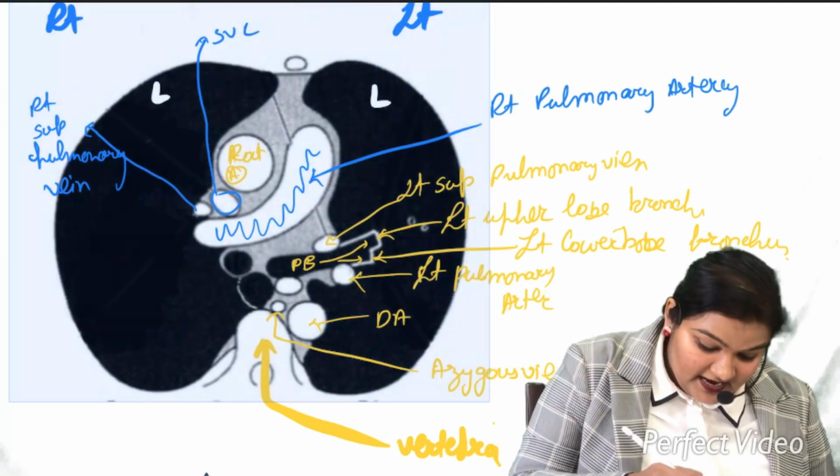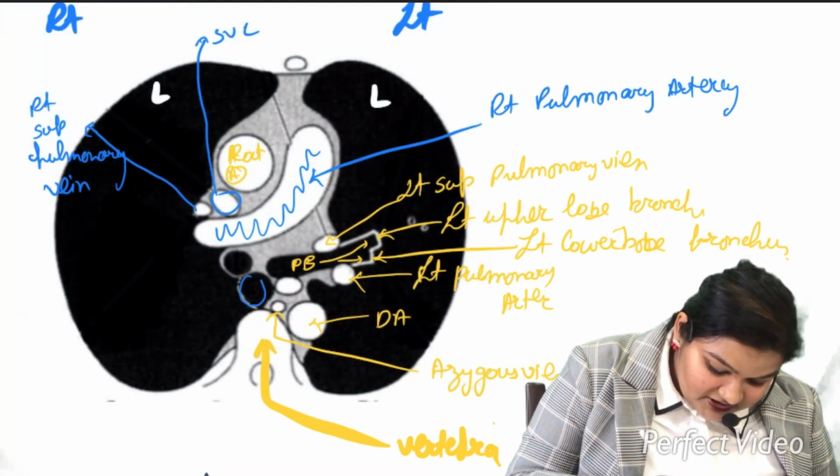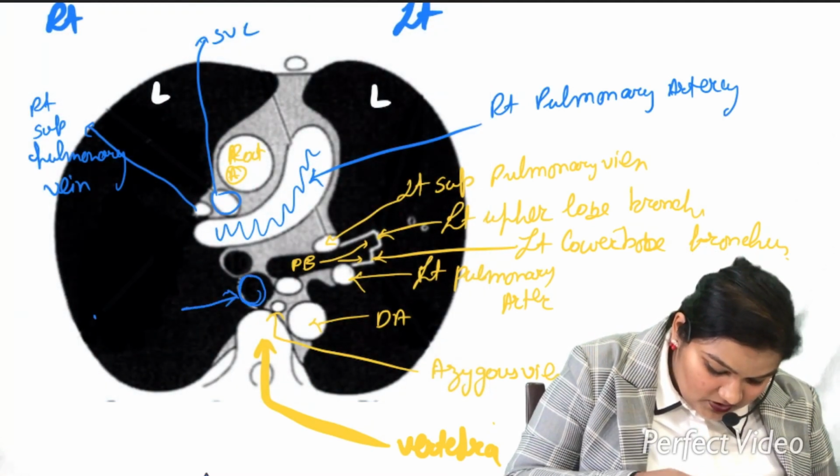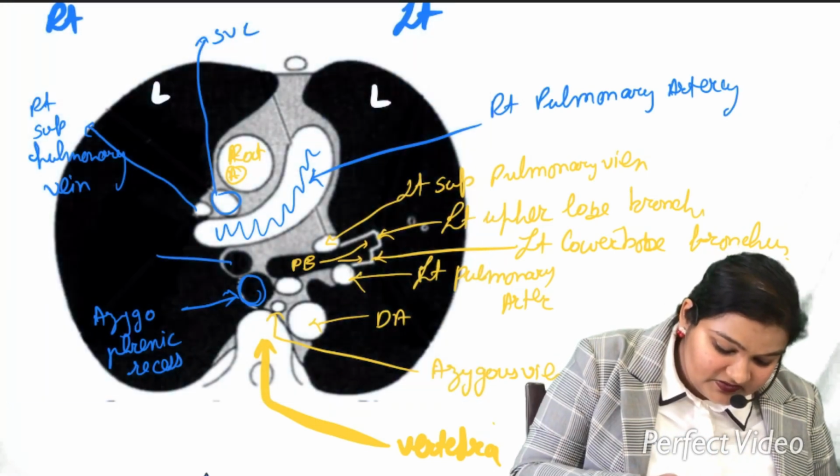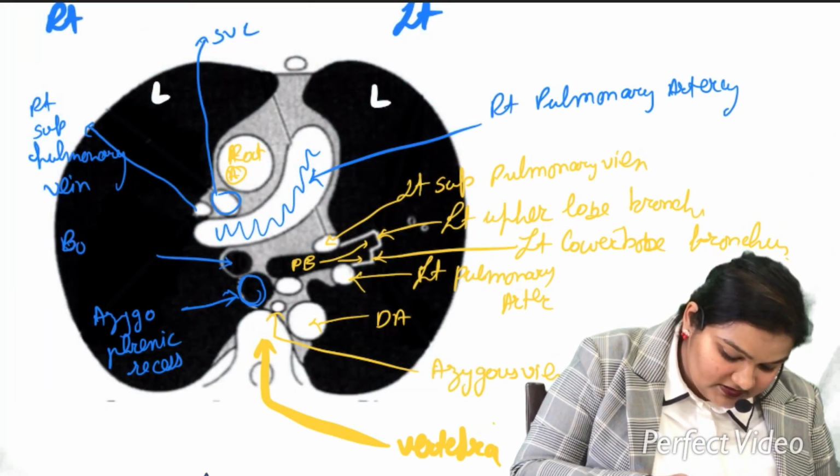Okay, and are you able to appreciate this recess that is called the azygoesophageal recess? And this one is our bronchus intermedius.